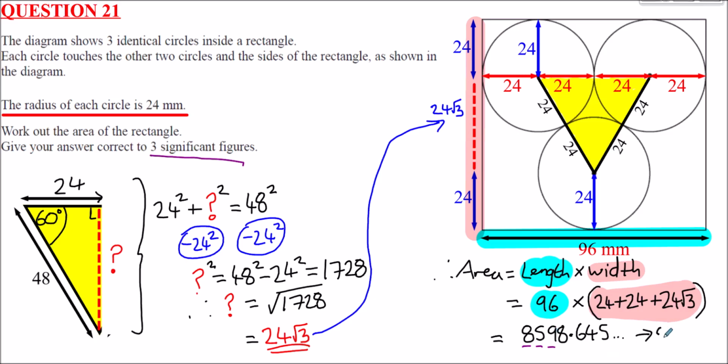But to keep it the right size, we need to change that 8 here to a 0. So it's going to be 8,600 millimeters squared to 3 significant figures. The 859 rounds up to 860, and that 8 we change to a 0 to keep the number the correct approximate size. The final answer here is 8,600 square millimeters.